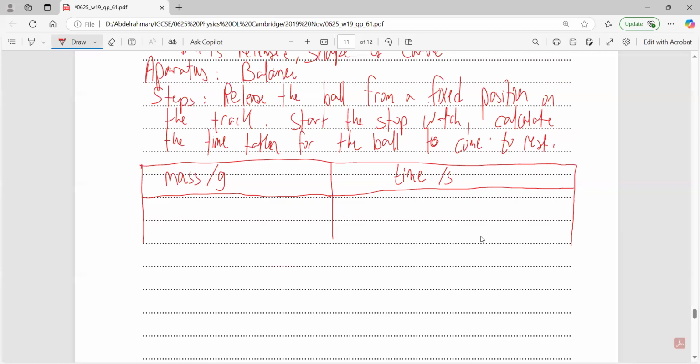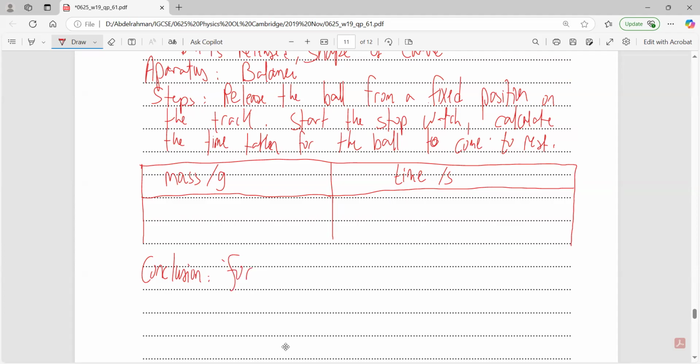Steps: release the ball from the fixed position, start the stopwatch, calculate the time taken for the ball to come to rest. It will keep on moving back and forth. Conclusion.